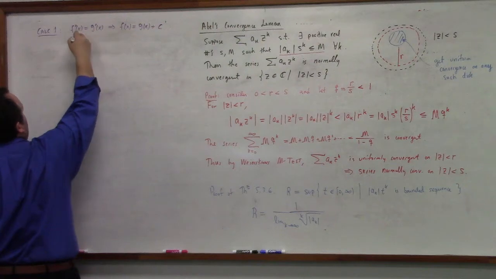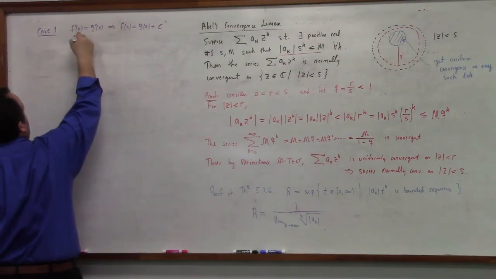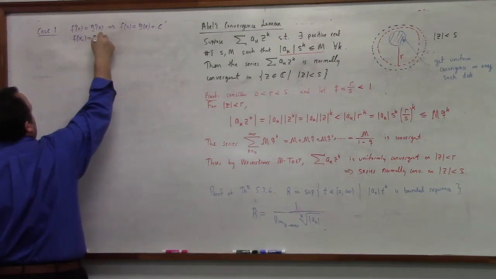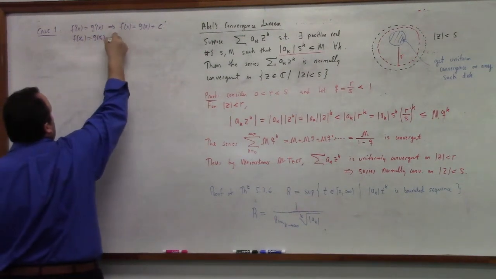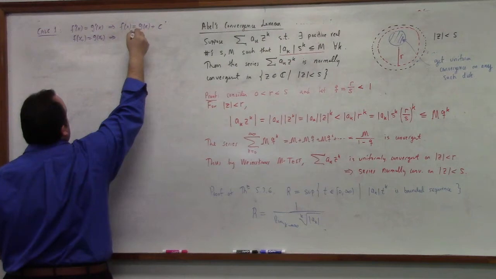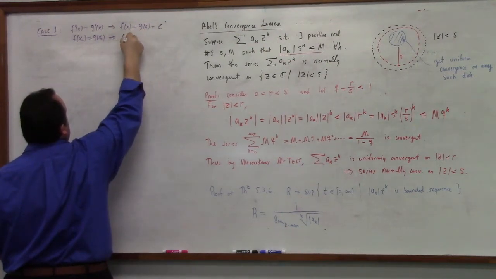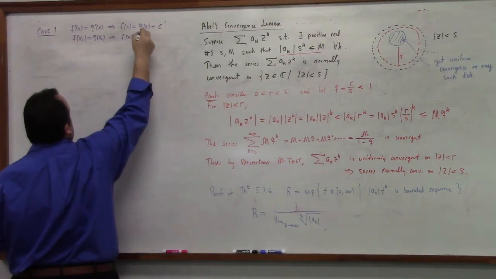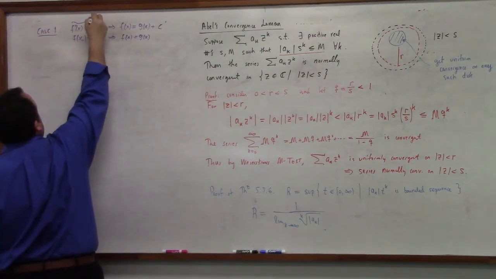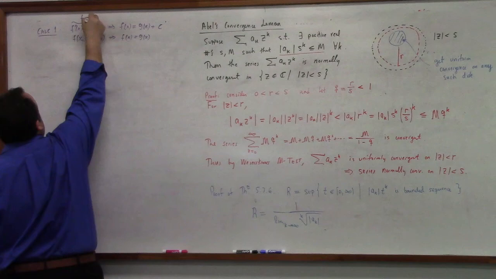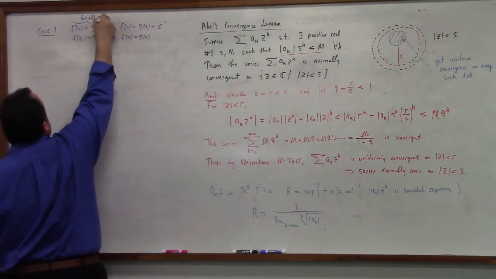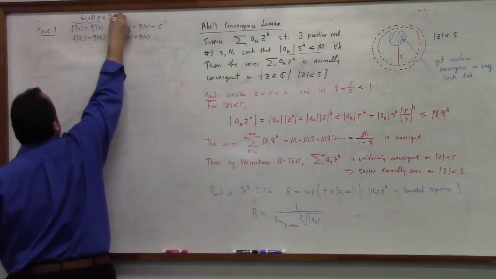And if you also know that f of, let's say, x naught is equal to g of x naught, that implies that f of x is equal to g of x in this case, right? So this was for all x in some connected interval, a subset of the reals, right?